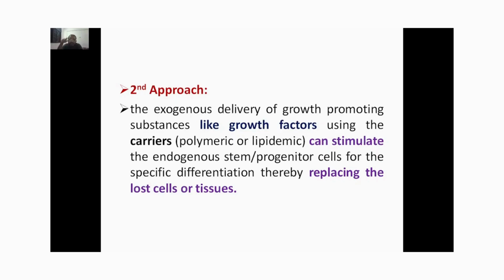What will these growth factors do? They will stimulate, as the name itself says. They will improve the growth of cells. They can stimulate the endogenous stem or progenitor cells for specific differentiation, thereby replacing the lost cells or tissues. That means they will help the cells to grow.